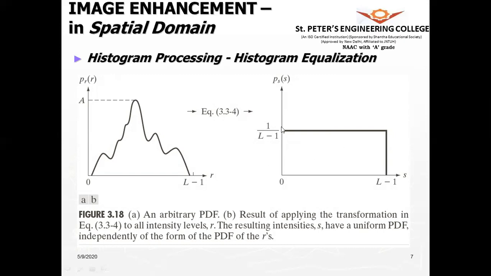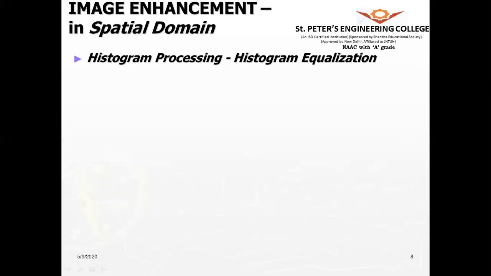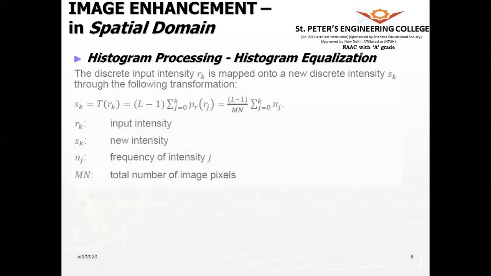That is why it is said to be equalized, and that is why you get this name, histogram equalization. But since we are dealing with an image that is discrete in value, we will not be using this PDF here.